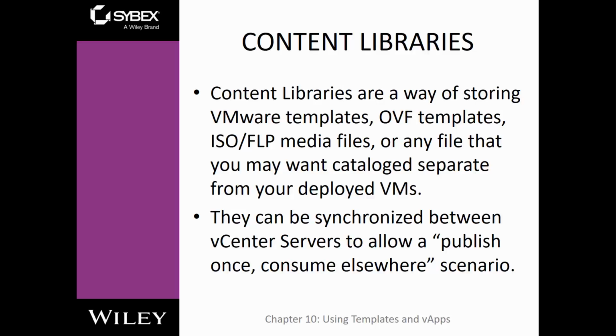They can synchronize between vCenter servers so that we can publish once and consume elsewhere. Basically, I may want to distribute specific ISOs, but I don't want to use the storage on all of my vCenters. So we can publish them between vCenters and have them pull from specifically one vCenter. That way the files are actually stored in one location and they're published or mapped to other vCenters.